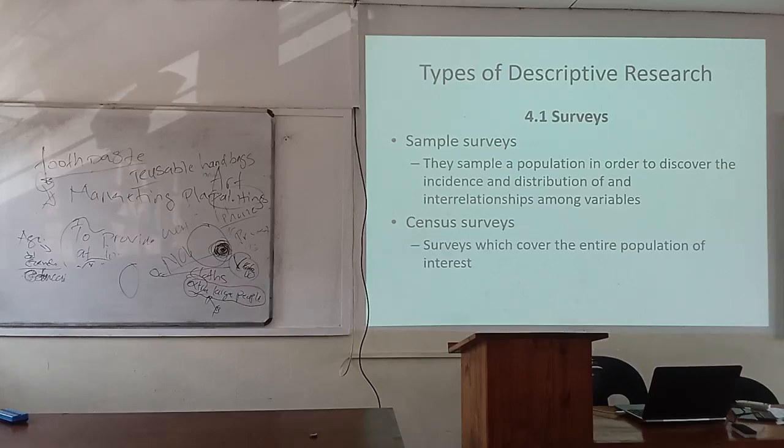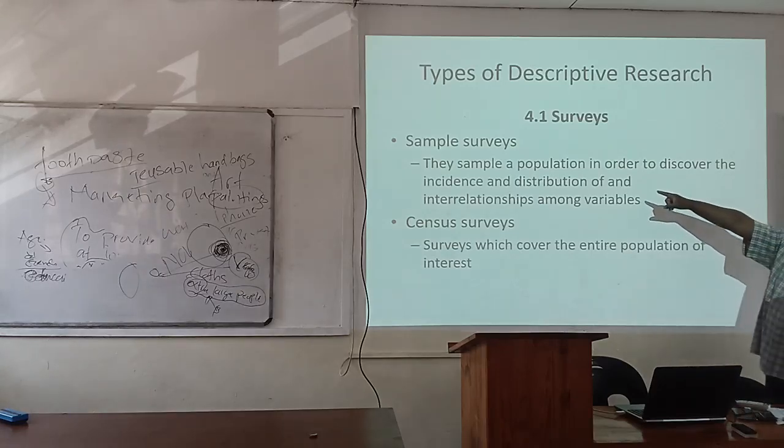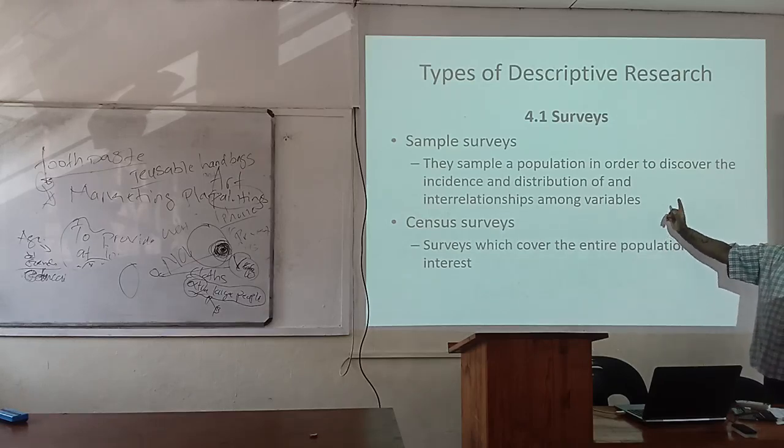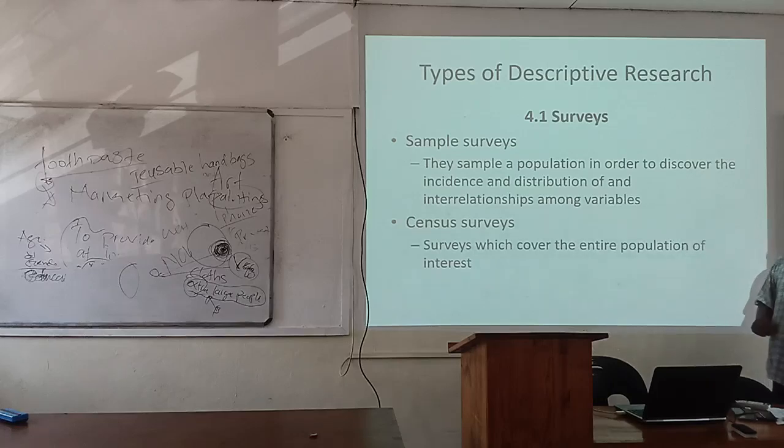That's why I'm saying you use a sample of a population in order to discover instances of a particular phenomenon, distribution of a particular phenomenon, relationships that exist in that particular area.